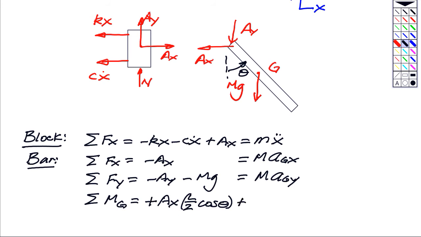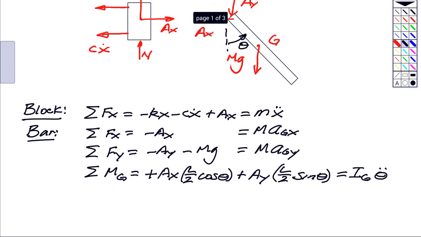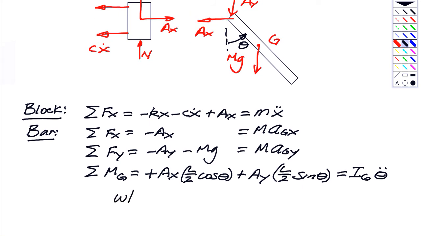Same way here for AY. It's going to have a moment arm of L over 2 sine theta, and it will have a positive sign in front. So this is I_G theta double dot, and for a thin homogeneous bar, I_G is equal to 1/12 mL squared. So this is going to be my equations 1, 2, 3, and 4.